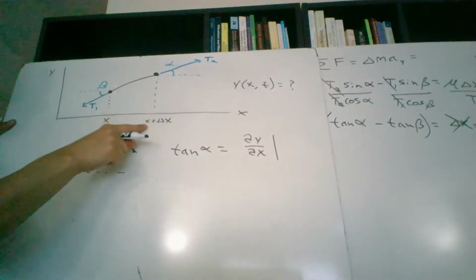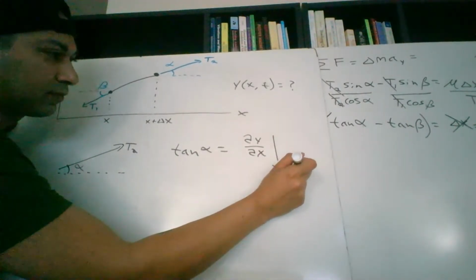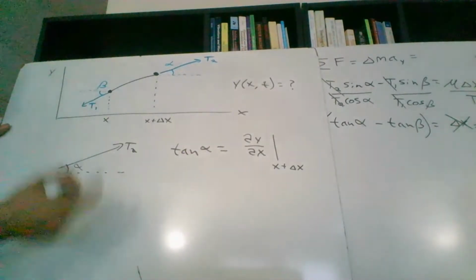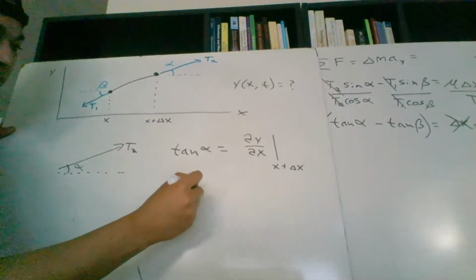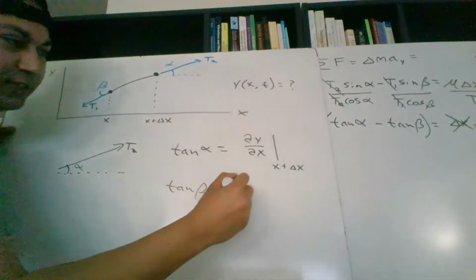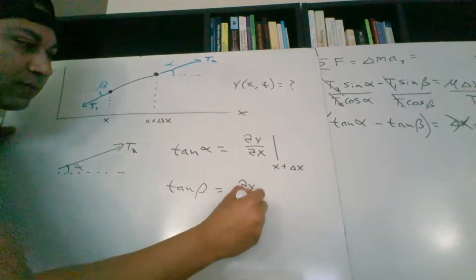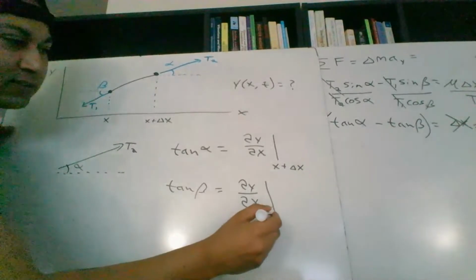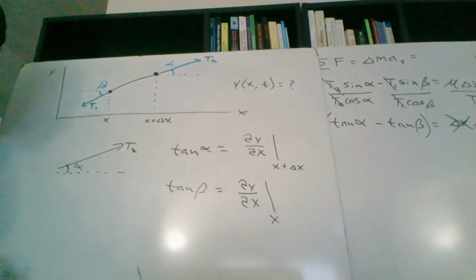The evaluation point is x plus delta x. That's what tangent alpha is equal to. We can play the same game for tangent beta: again the rise over the run, which is the partial derivative dy over dx, but now evaluated at this point right here at x. So that's what tangent alpha and tangent beta are equal to.